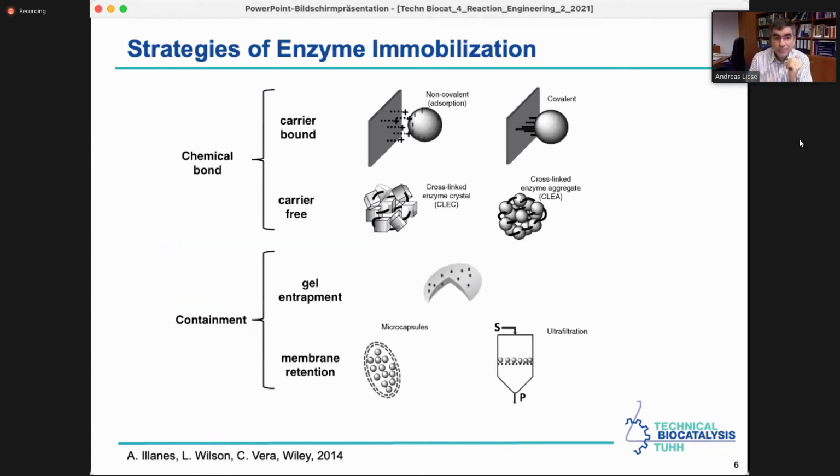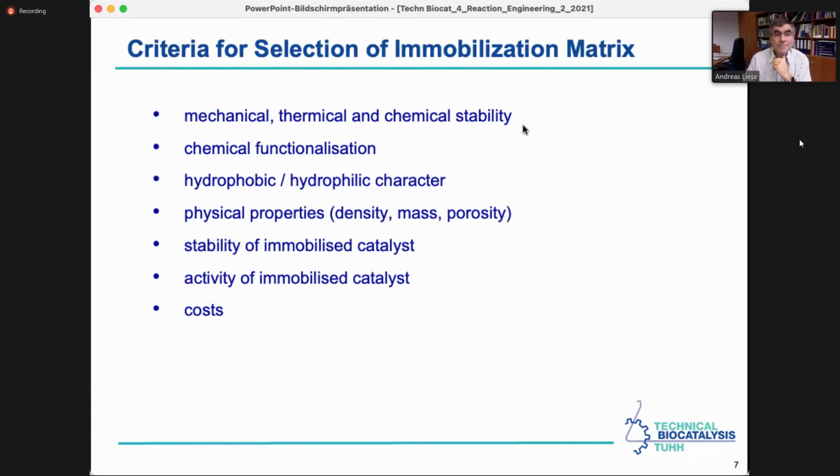If we would like to bind it to the surface, like in the covalent case, we do need to have a chemical functionalization, or if we want an adsorption, then we must have a clear hydrophobic or hydrophilic character. We need to have specific physical properties like density, mass, porosity. Mass makes a big difference.